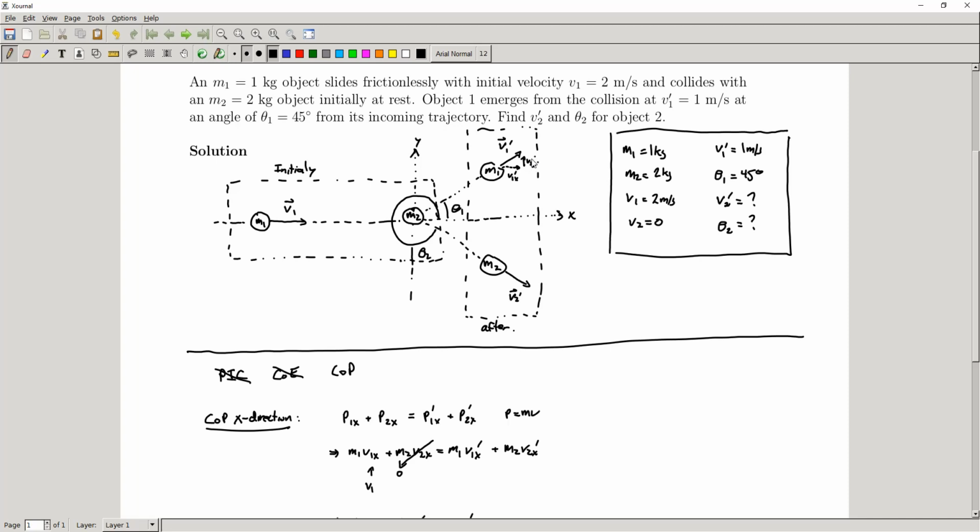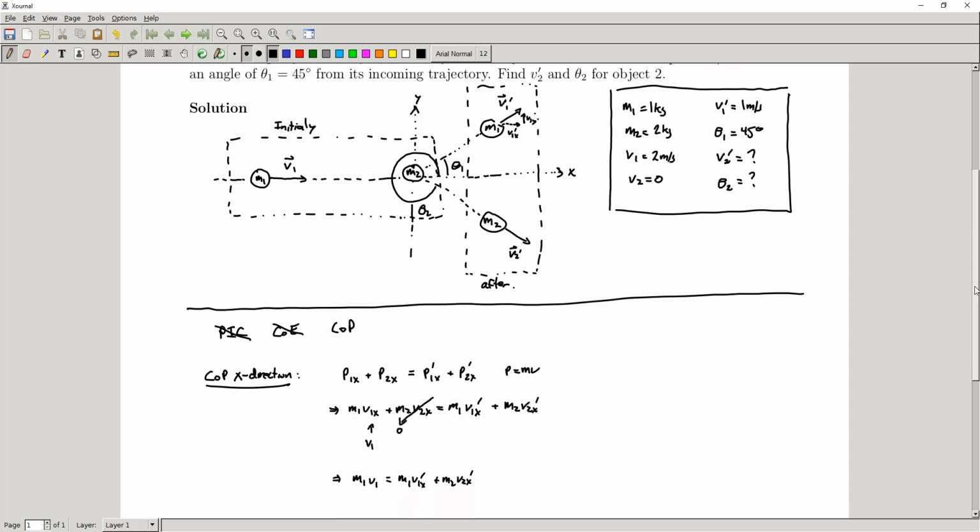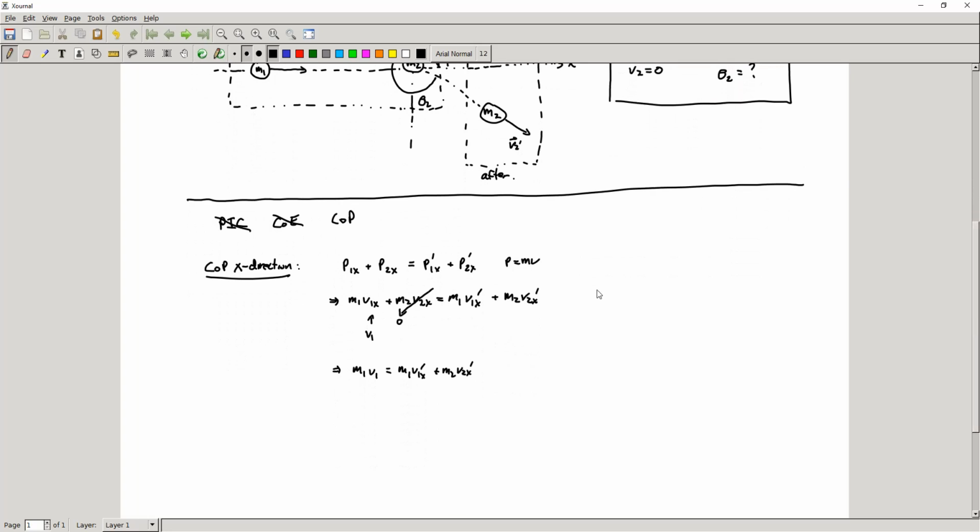And the same idea would be true for v2 prime, right? So if we do that, we're going to find that v1x prime is actually v1 prime cos theta 1, and v2x prime is equal to v2 prime cos theta 2. Okay, and we can come back and look at the y components when we're dealing with the y direction. But these are the two that we need for now.